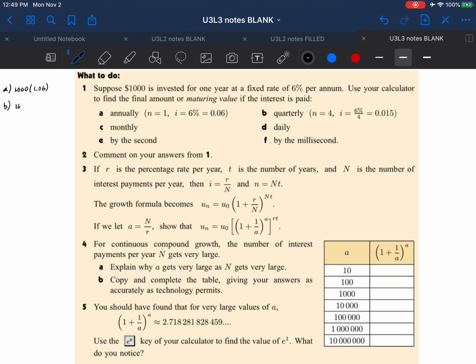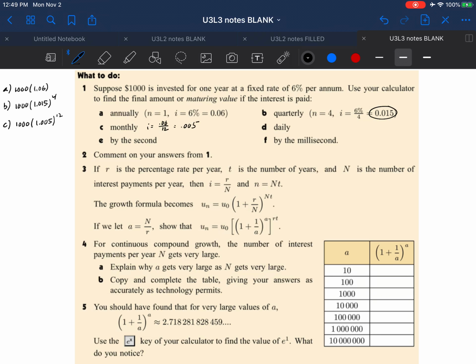Part B, quarterly, that'll be 1,000 times 1.015, because 6% divided by 4 is 0.015. But now that's going to get raised to the fourth because you have 4 quarters to allow it to compound. Monthly, well, I is going to equal 0.06 divided by 12, which is 0.005. So we'll do 1,000 times 1.005 to the 12.